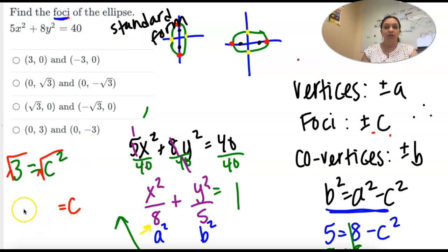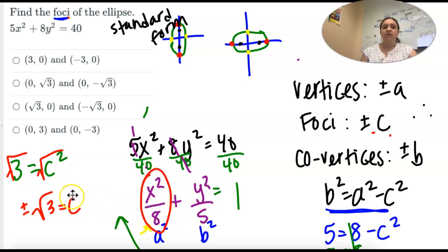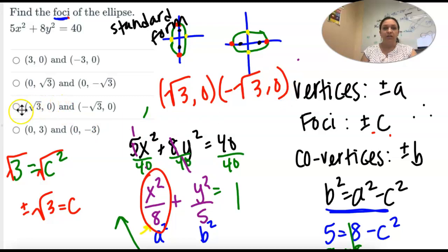I didn't leave enough space. Plus or minus square root of 3. And then we have to think, well, which axis are we on? Which is our main axis? And it's the one with the bigger number. Remember, it's x. So that means our foci are going to be in the x spot. Okay, it's going to be right here.